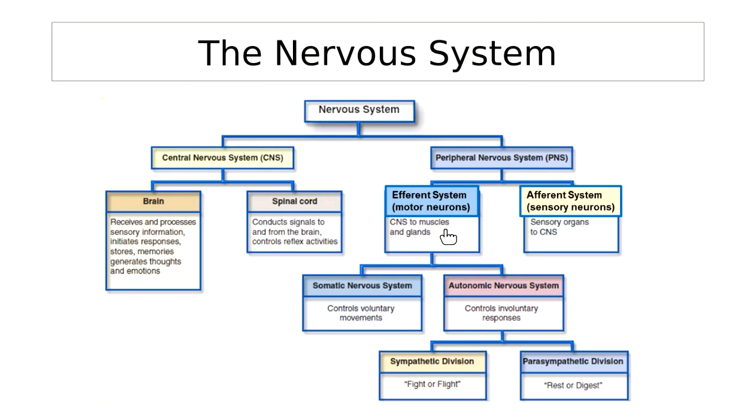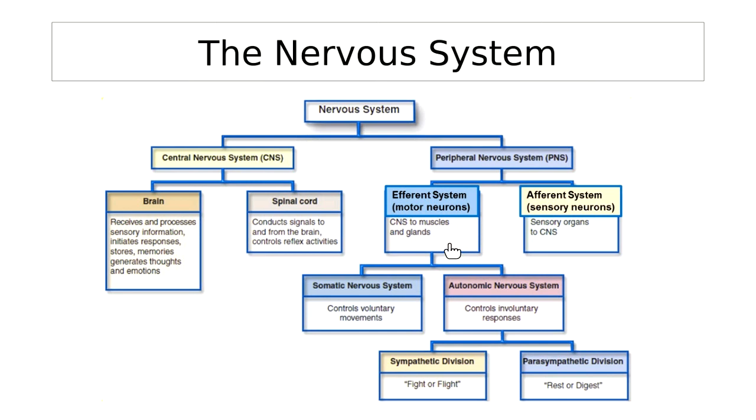Now, one way I kept these two straight: efferent is the same as motor and afferent is the same as sensory, and there's a word that will help you never forget which one is which, and it's the word SAME. Sensory is afferent, motor is efferent, so you'll never get them confused.